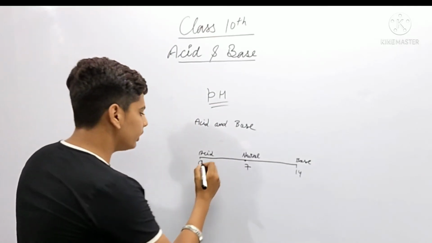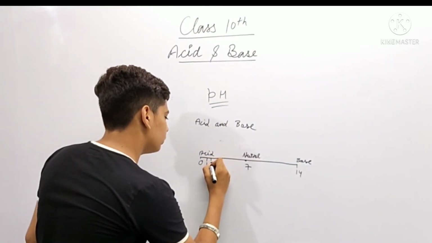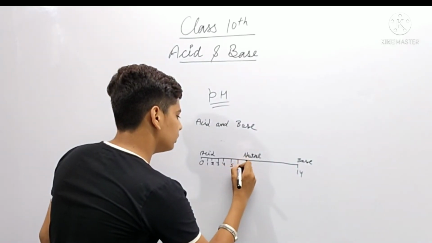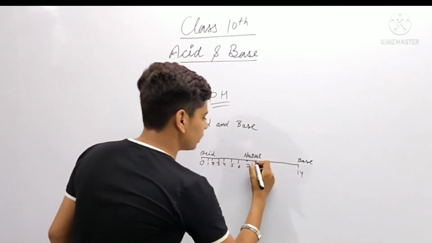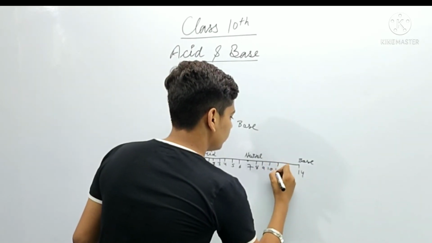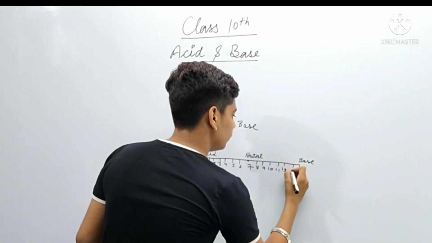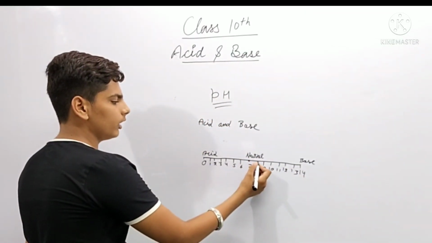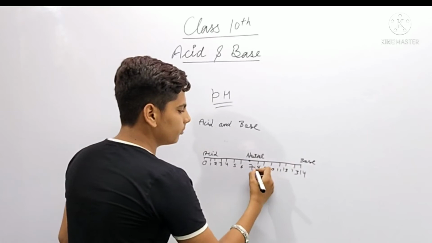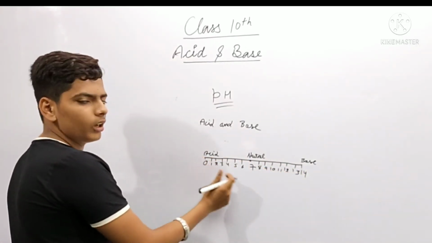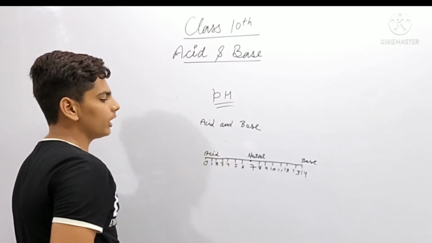And there are many values like 1, 2, 3, 4, 5, 6 and 7, 8, 9, 10, 11, 12, 13. When we go 7, 8, it is basic, 7 to 14, and 7 to 0, they are acids.